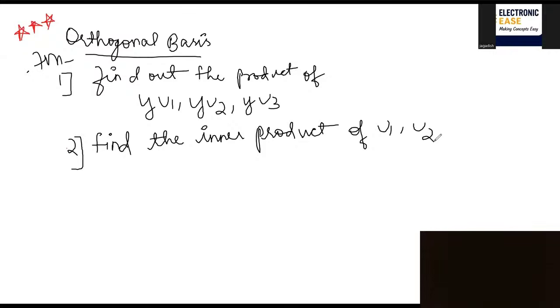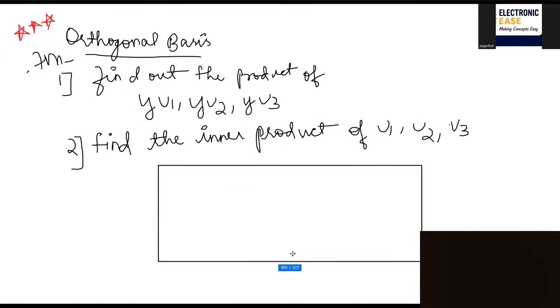Children, many will be getting confused with the inner product and the length. I will be telling you how to do the inner product and the length, because we will be using length in the Gram-Schmidt process. So first understand that concept well. Put a big box in your notebook.